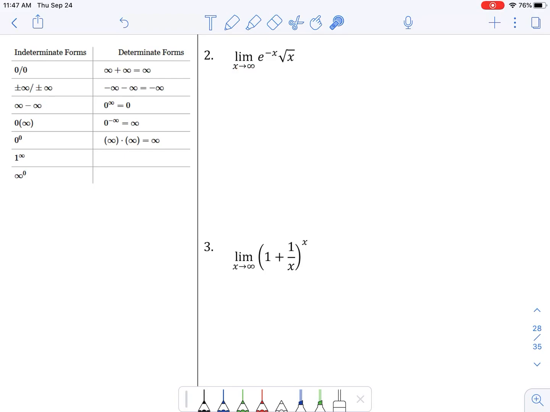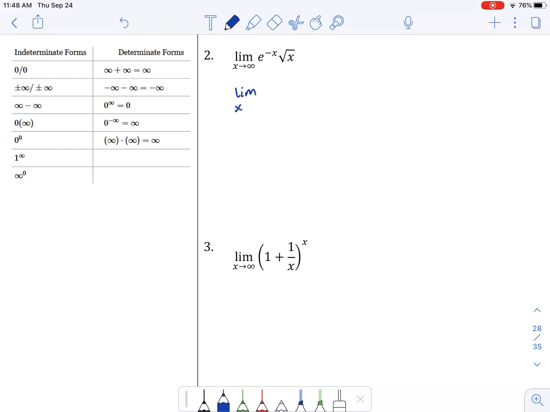However, if you look at number 2, we have the limit as x approaches infinity of e to the negative x times root x. So if we consider these separately, we end up with 0 times infinity. This is not one of our L'Hopital's forms, so we need to rearrange it and then show that it satisfies L'Hopital's.